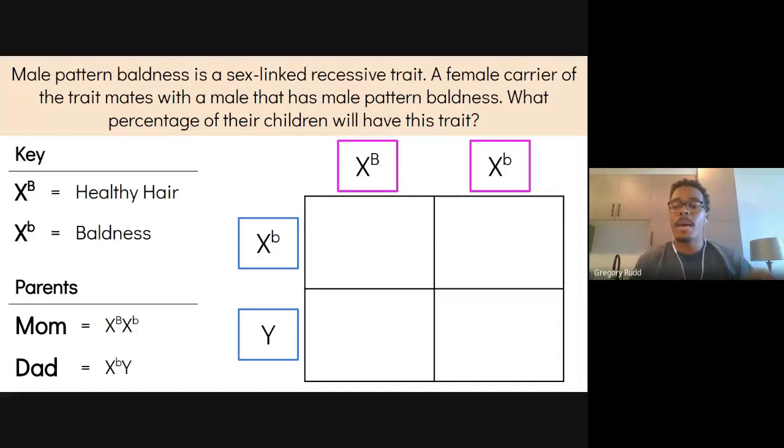So what should go in the top left box when I do my cross? What should go in this box right here? Good, Jessica, and good, Fanique. So we've got a heterozygous genotype.